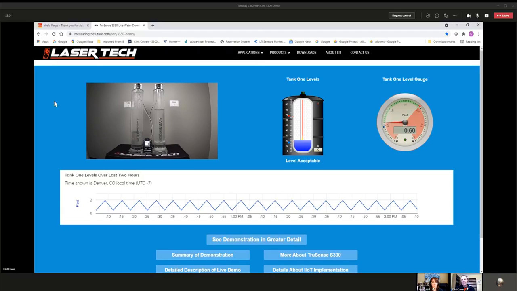The lack of maintenance is a big plus for a lot of our customers. Those are some of the first customers that come to us when they're experiencing high maintenance costs with other sensors, and they want to reduce or eliminate those costs, and they're looking at a non-contact sensor as the best way to get there.